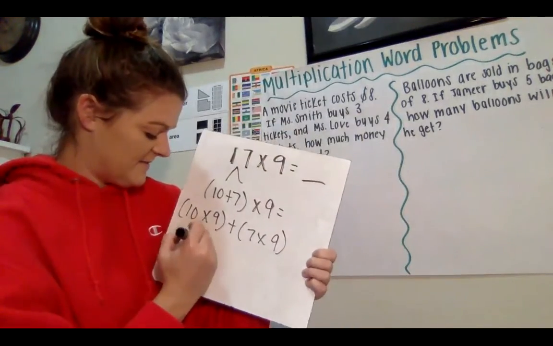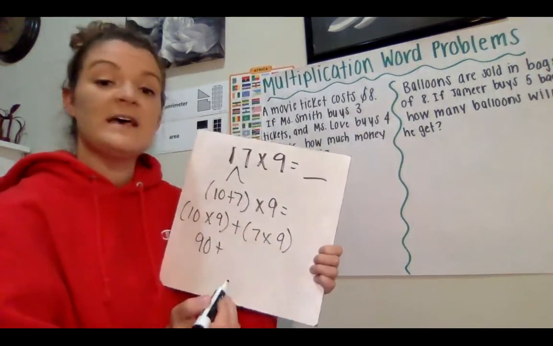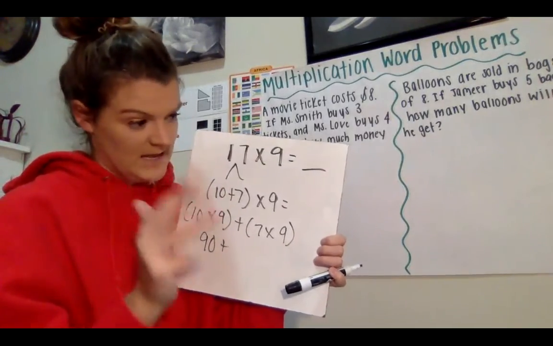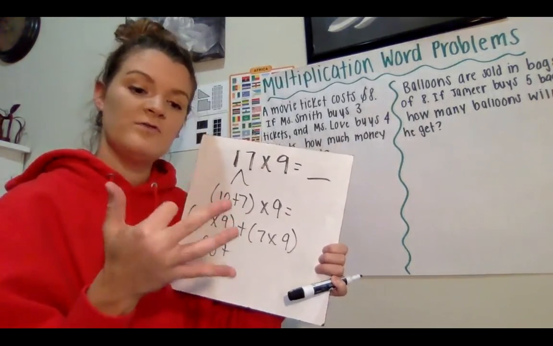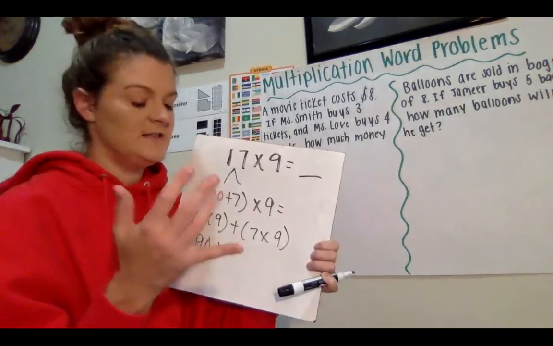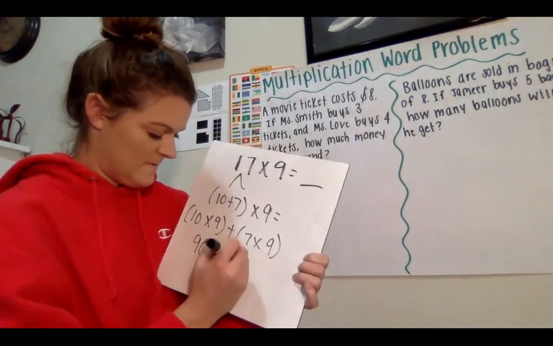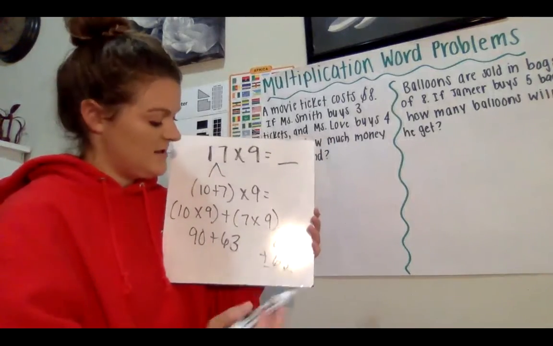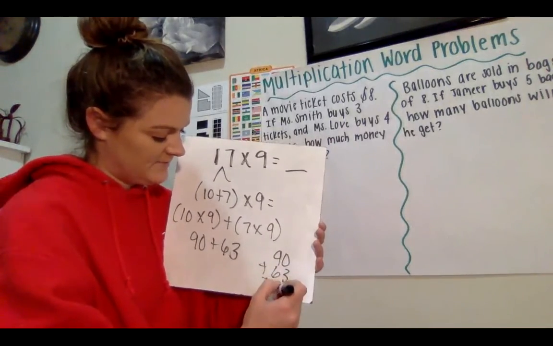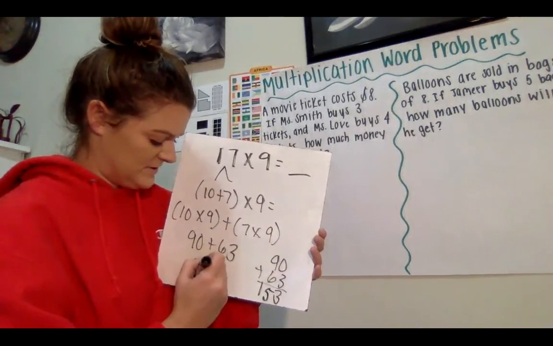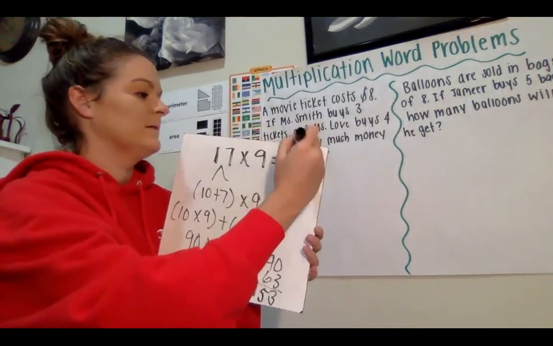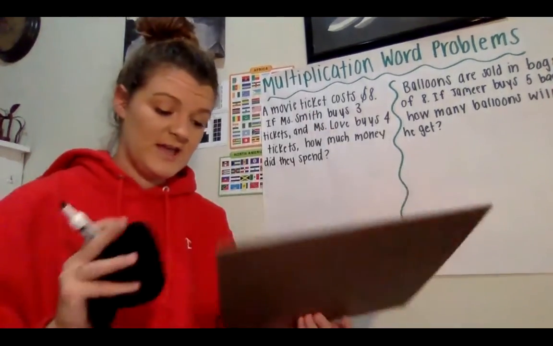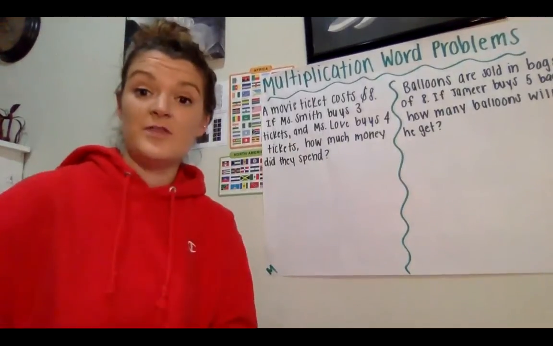I know 10 times 9 makes 90, plus 7 times 9, 7, 14, 21, 28, 35, 42, 49, 56, 63. And then I'm going to add these, 90 and 63. I know that's 3, 9 plus 6 is 15. 153 is my answer.